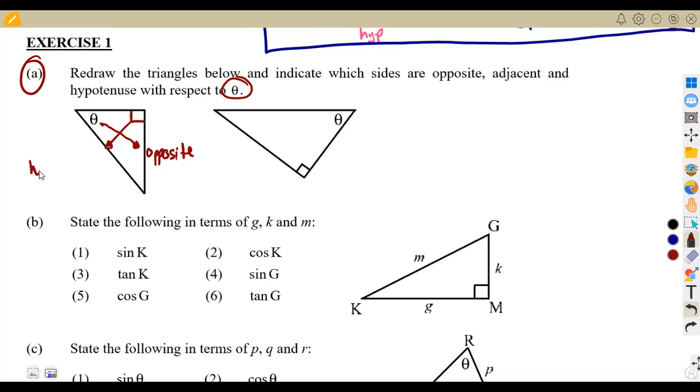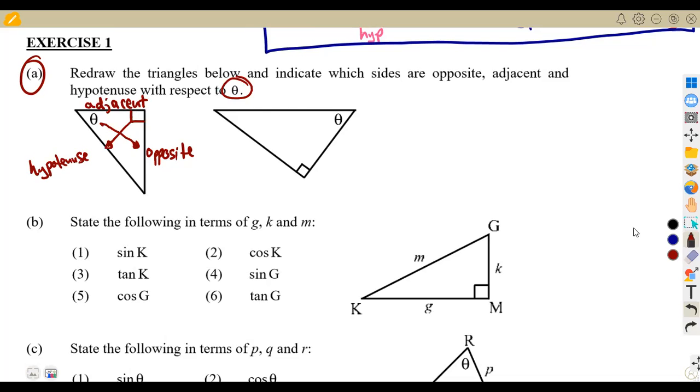It is our hypotenuse in this case. And remember, theta and 90 degrees are sitting on the same line. They are found on the same line, so they are adjacent to each other. So this side becomes the adjacent in this case. That is how you're supposed to name this, all right?